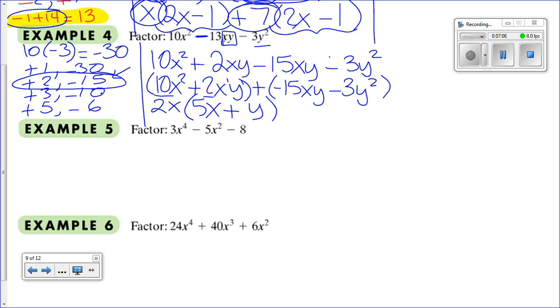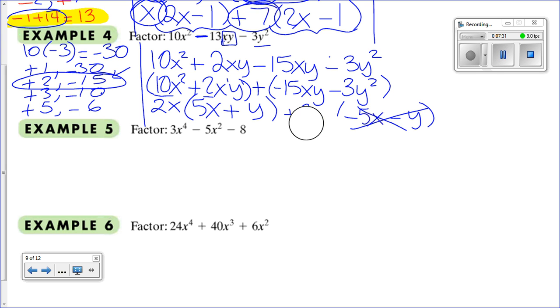All right, what's the GCF on the next one? Devin? Negative 3y. Now here we could have chosen to use positive 3y, but if we do that, then we will get negative 5x and then negative y. And that is not what we want, right? Because that wouldn't be the same as the other binomial.